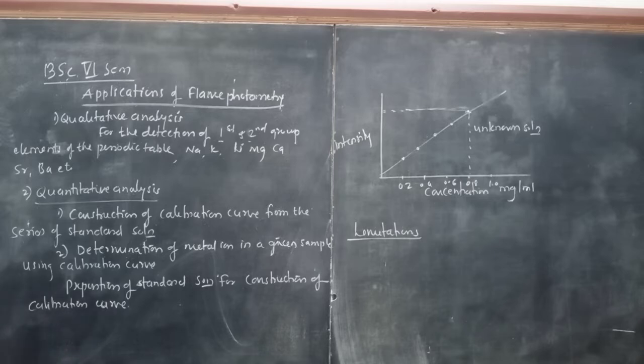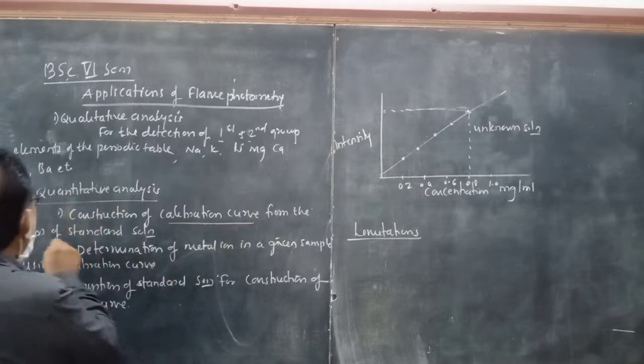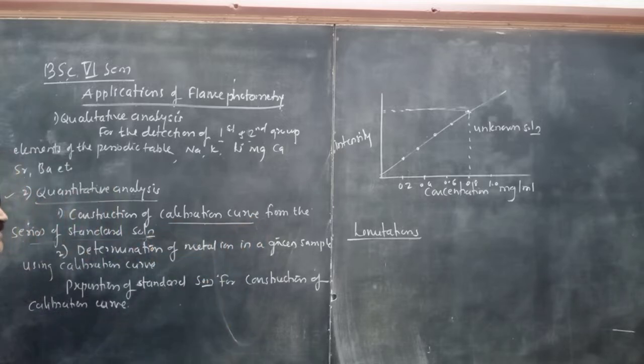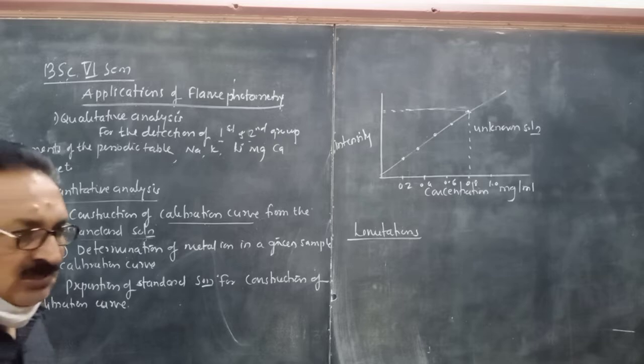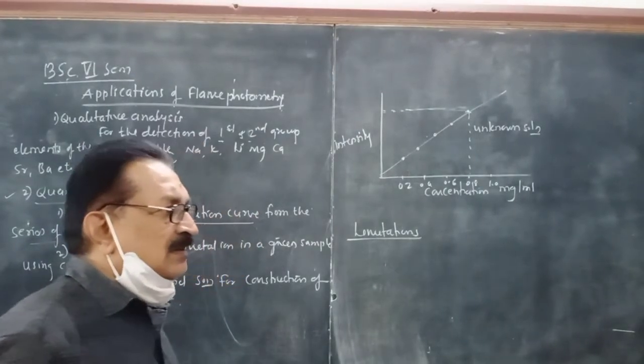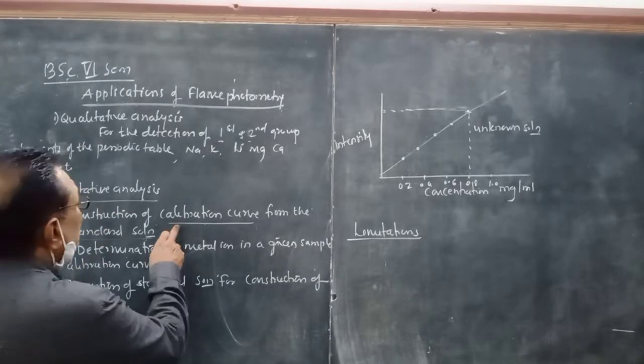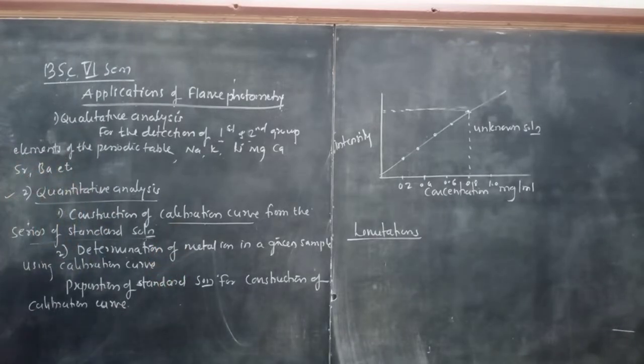Now we go for the quantitative analysis. For the quantitative analysis, we require the construction of the calibration curve from a series of standard solutions. That means we prepare standard solutions of different concentrations, and from that the calibration curve is plotted.